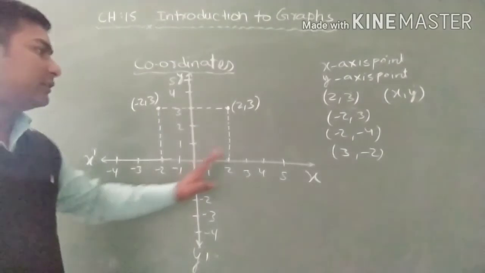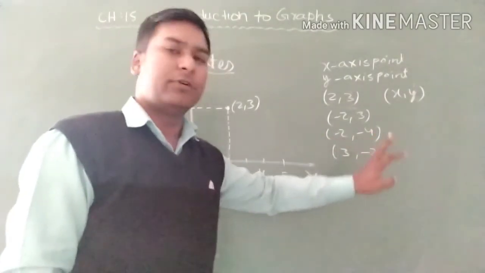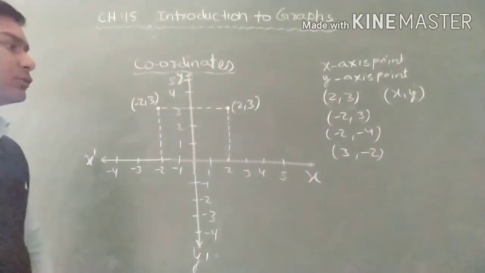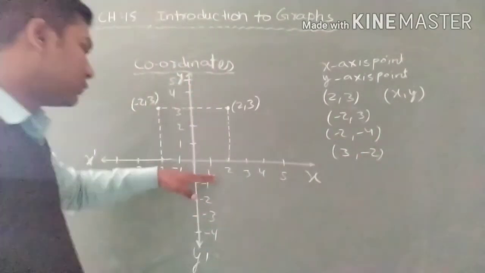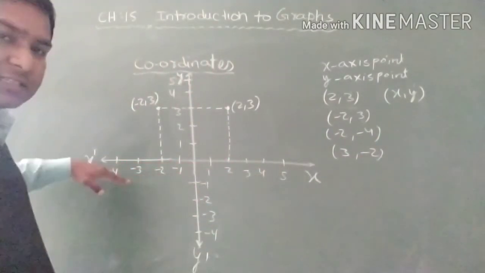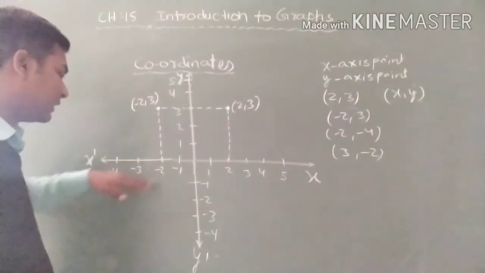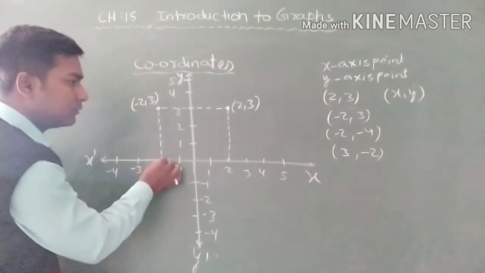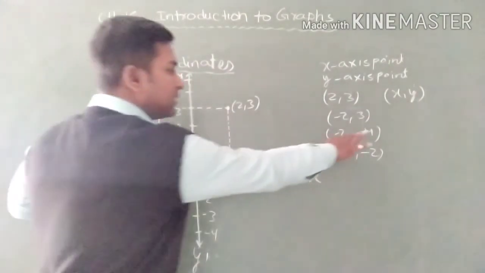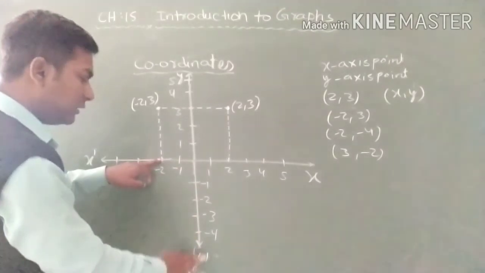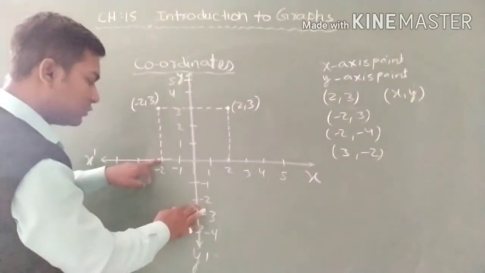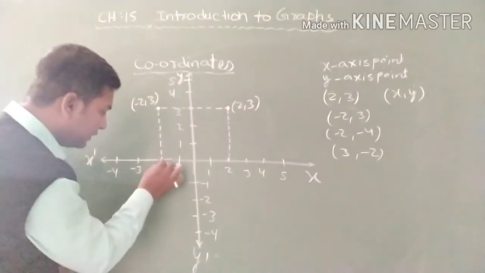Similarly, the next point (-2, -4). So on the x-axis -2 and on the y-axis -4. So this is positive and this is negative x. So -2 is negative. So this is the -2. And for the next one, -4, negative y, that is downward. So -1, -2, -3, and -4. So it goes up to -4.